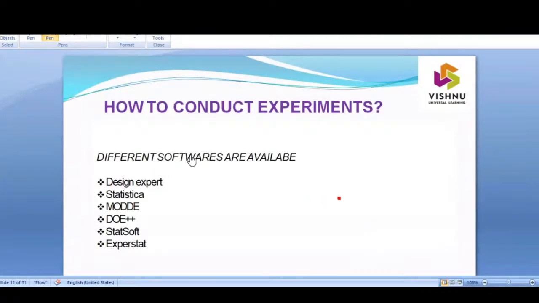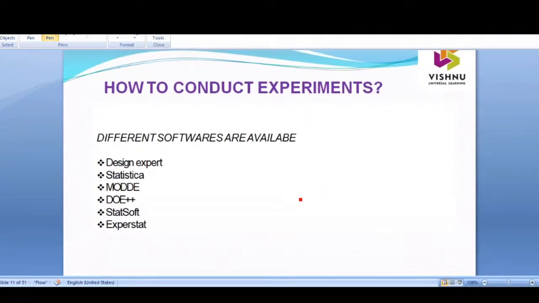Okay. So the next one is how to conduct the experiment. There are several types of software available: Design Expert software, Statistica, MODDE, DOE++, StatEase, and Expert Stat. There are many types, such as Minitab.